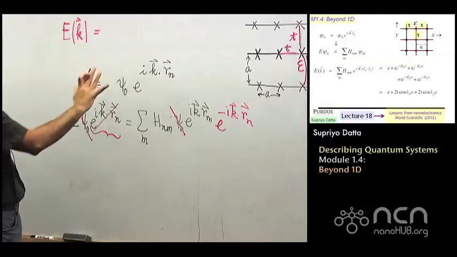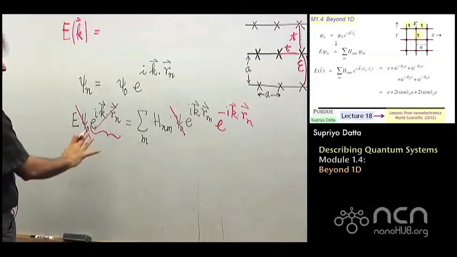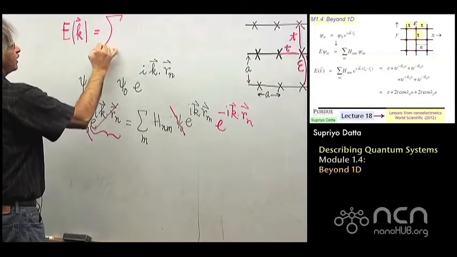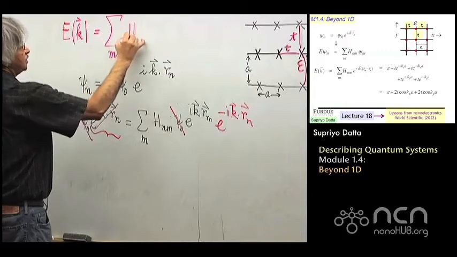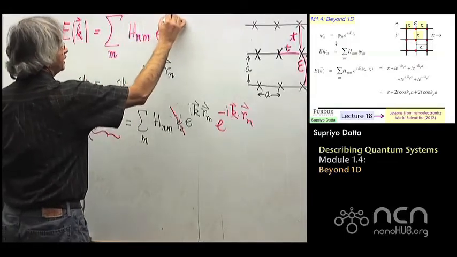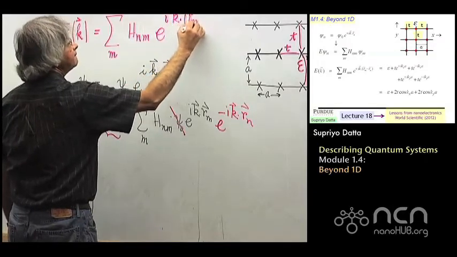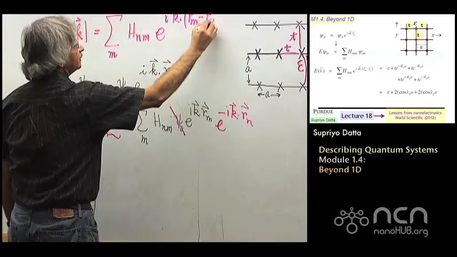It's a 2-dimensional vector. And if we're talking of a 3-dimensional solid, it would have been a 3-dimensional vector. And this is equal to sum over m h nm, and then e to the power i k dot (Rm minus Rn).